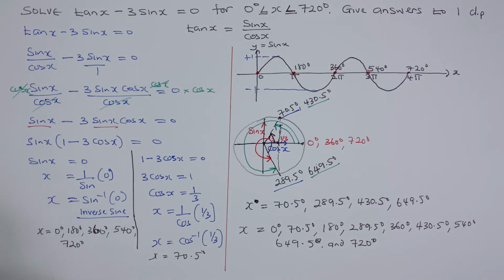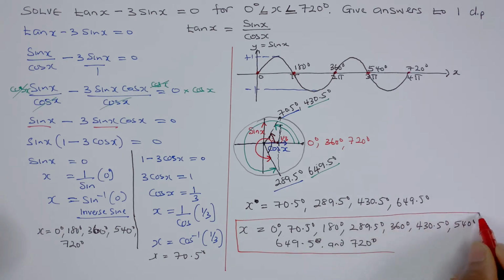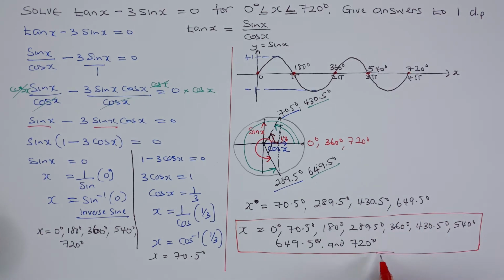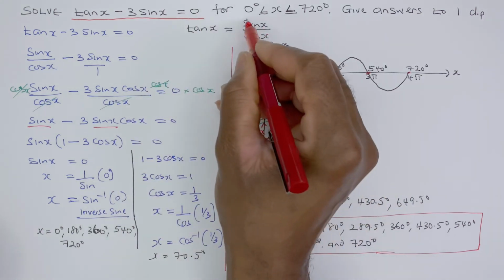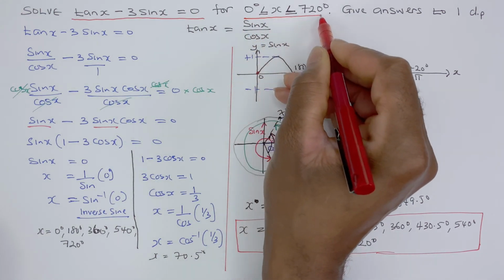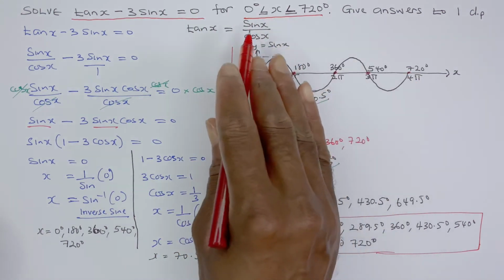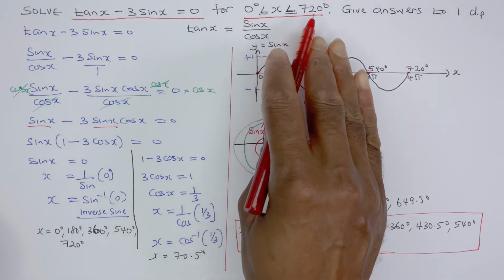And those are the values of x that satisfy the equation that we're to solve for that interval. That means for that boundary between 0 degrees and 720 degrees.